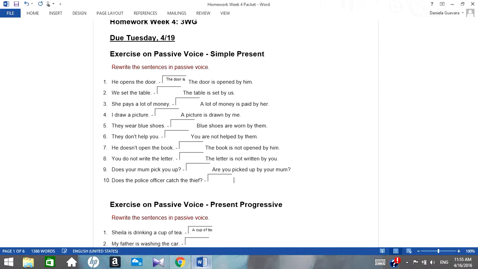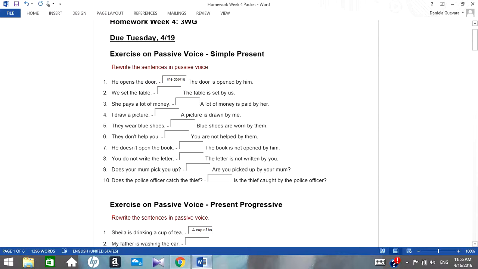Does the police officer catch the thief? Is the thief caught by the police officer? So again, here this is my verb, my main verb.